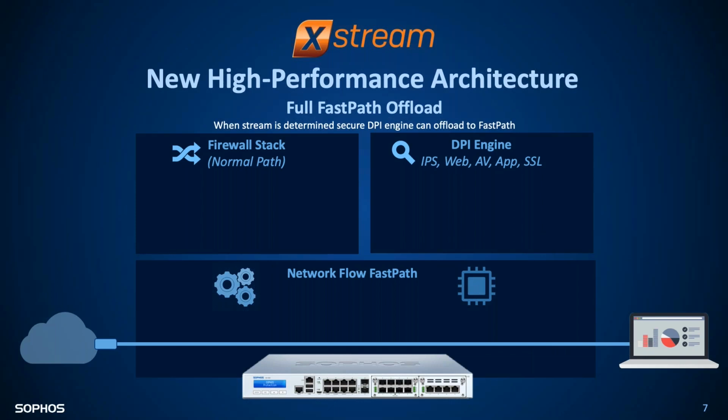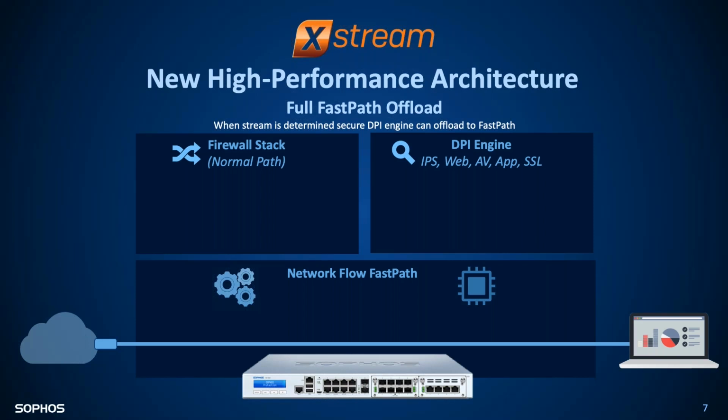Now, when there is a stream that is considered secure, this might answer one of the questions that just popped up. So, for example, you're watching Netflix or YouTube. That is something that we consider a secure stream, because the IPS engine will trust the certificate that comes from Netflix or YouTube, for example, and it no longer requires any sort of inspection because your file matches a trusted traveler signature from Sophos Labs, and the network fastpath can be directed to accelerate the flow through the system with ultra low latency at wire speed.